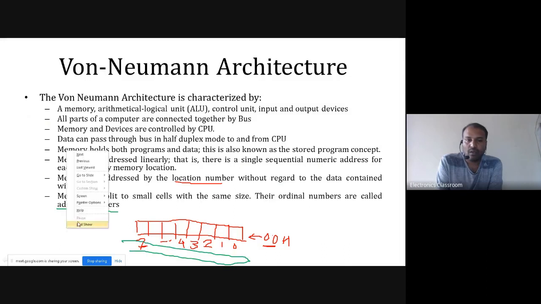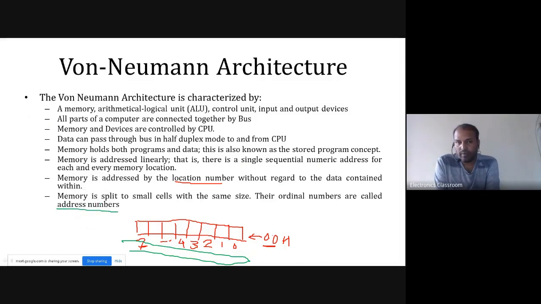So don't get confused between location number and address number. Clear? These points are related to memory, clear? Yes. And all those points, all those characteristics, were set by John von Neumann.